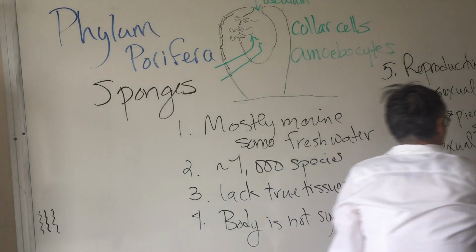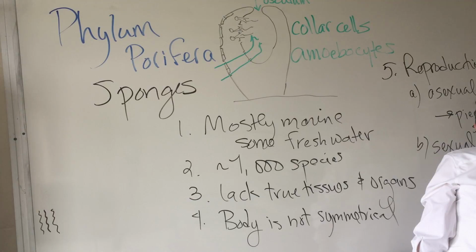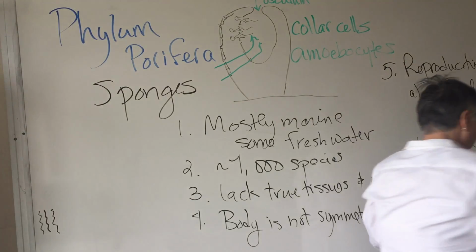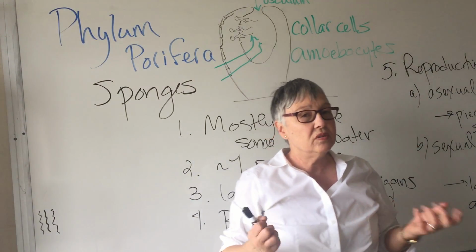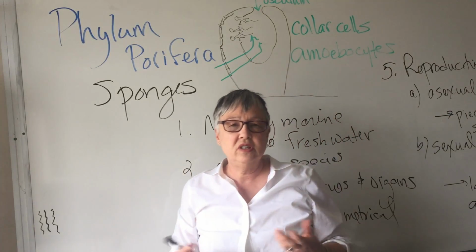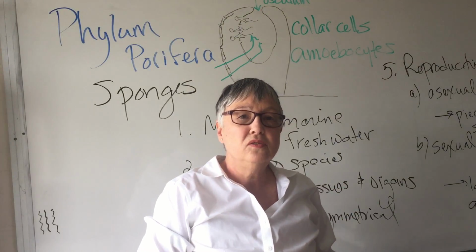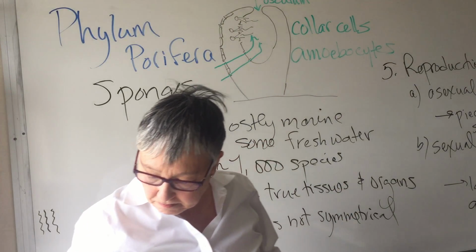And then, as I mentioned, the adult is sessile, which means that it doesn't move. Once the larva settles down, it will mature into the adult sponge and it will no longer have the ability to move away from that site.